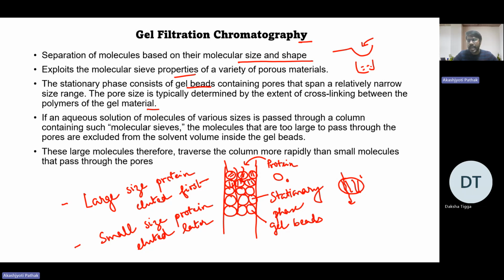It can be polyacrylamide gel, polyacrylamide agarose composite gels, or dextran based gels. Depending on the chemical reaction by which these gels have been formed, that will determine the pore size of the gel.